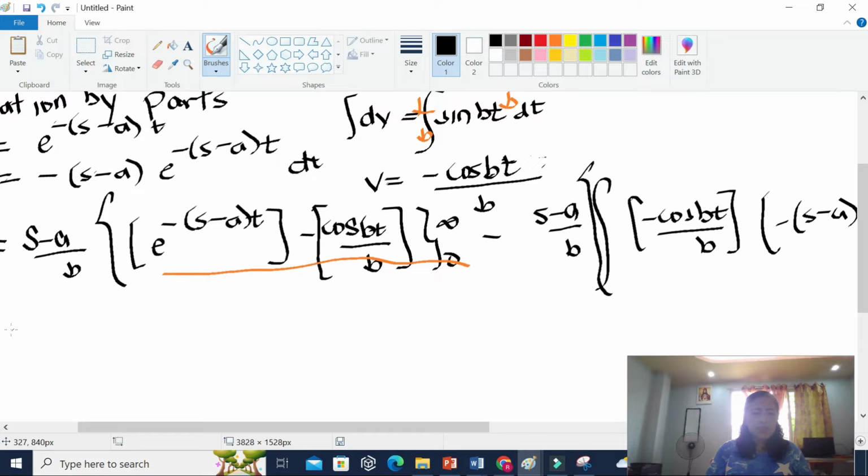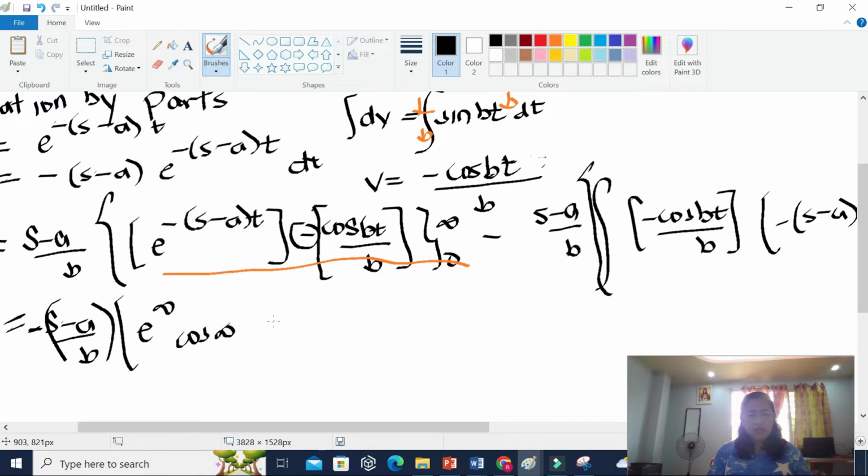So, that will be s minus a over b, e to the infinity. So, this will become negative. Itong negative na to, labas natin dito. Lagay natin siyang negative, okay, no? Cosine of infinity minus e to the 0 cosine of 0.